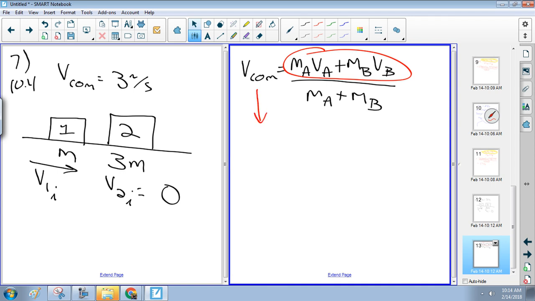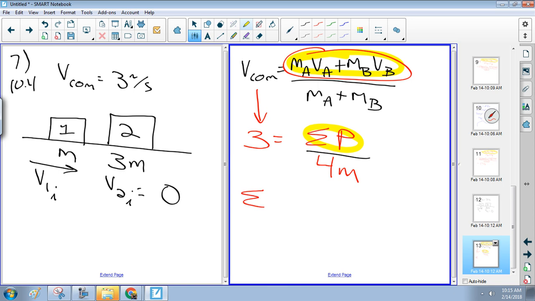Oh, well, let's plug in some numbers. The velocity of the center of mass is 3. That equals my total momentum over my total mass, which is 4m, right? Follow?